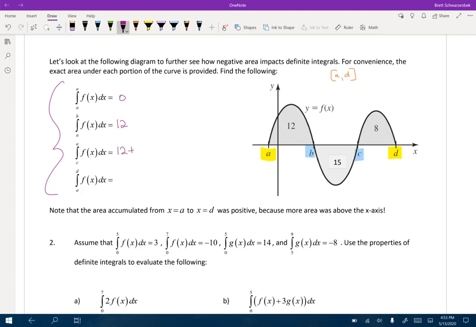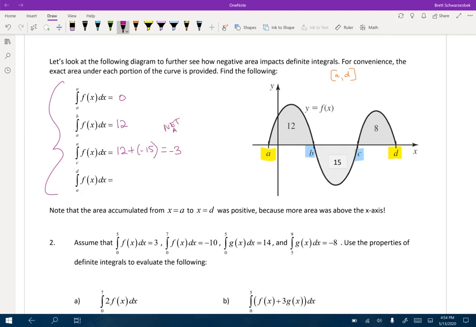But what do we have to do with the 15? So note, when I write area on a picture, I'm going to write whatever the positive number value is that represents that area. But in terms of integration, we know area that's below the x-axis is negative, which means the area from A to C, the best way to put it is net area, remember?